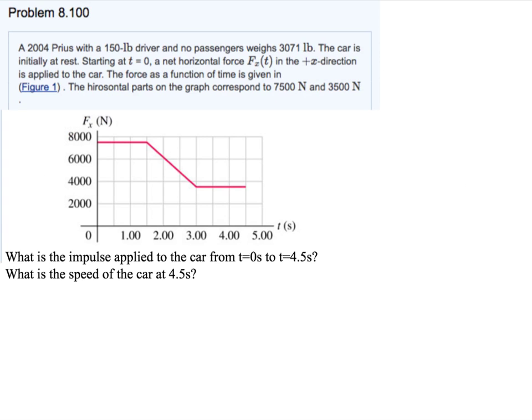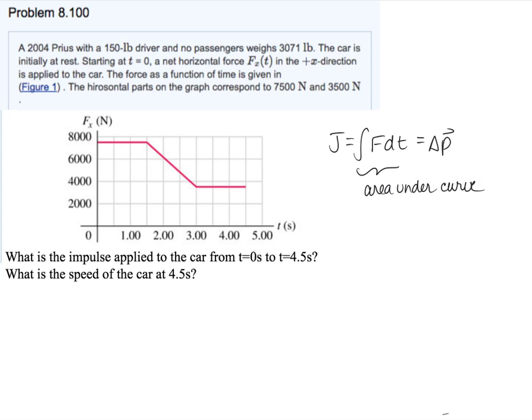Now for the next one, I wanted to do a problem dealing with the idea of the graph, because impulse is the force integrated over time. It does give us the change in momentum, but for this particular question, the first thing we're going to do is deal with the fact that this is the area under the curve.